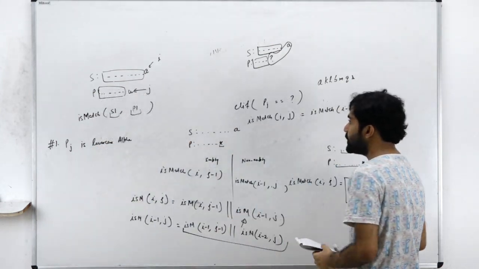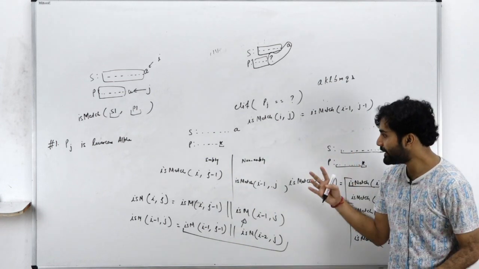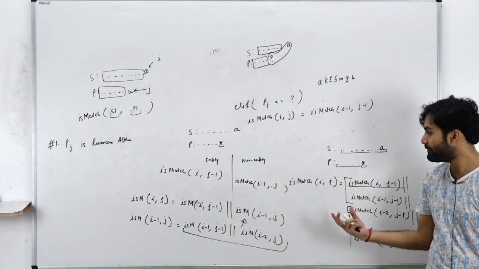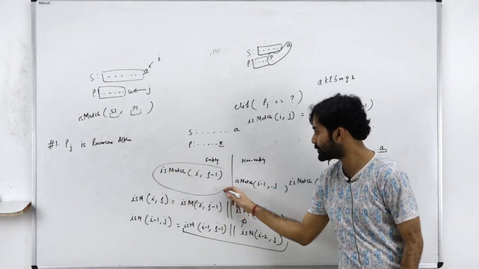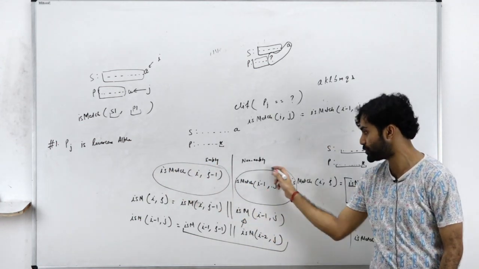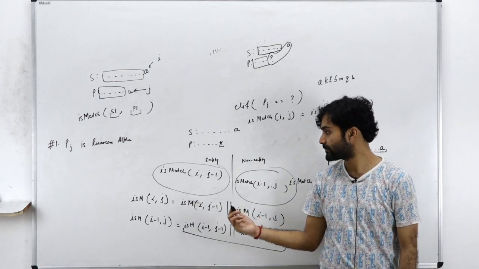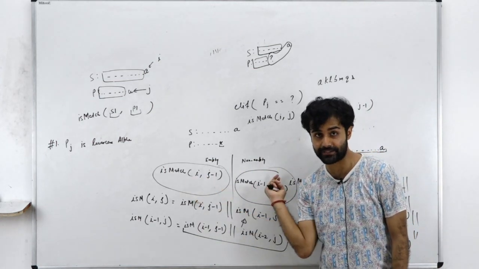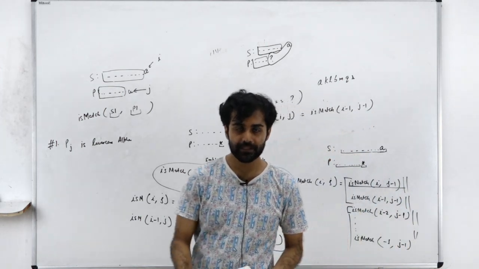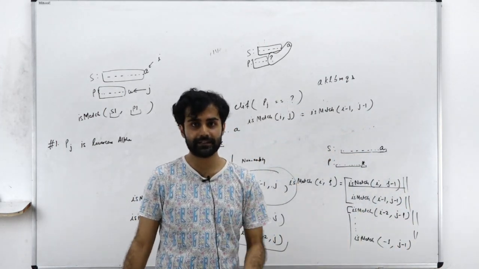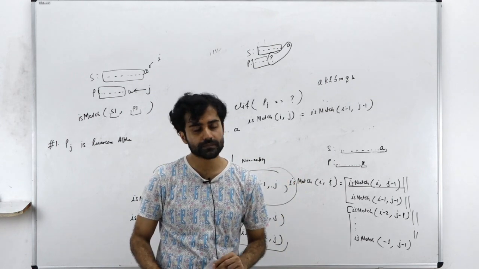Now you see how it looks. Whenever there is a problem with elements of choice, and here also whenever there is a star, you have a choice, right? Either your answer depends upon this or your answer depends upon this. Whenever there are elements of choice, you use recursion. So I can easily write a recursive code and have my job done.